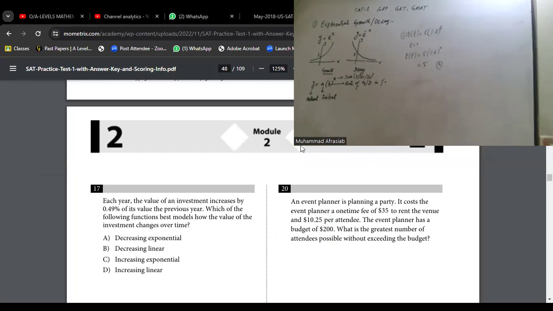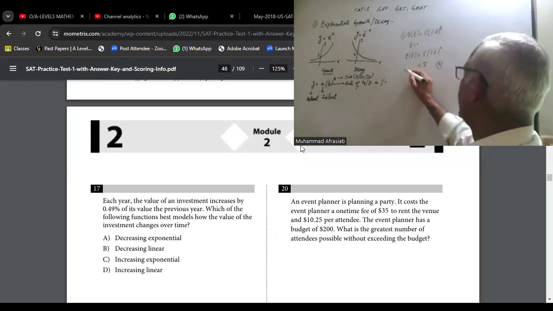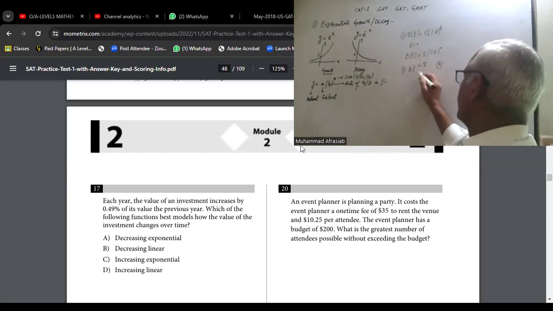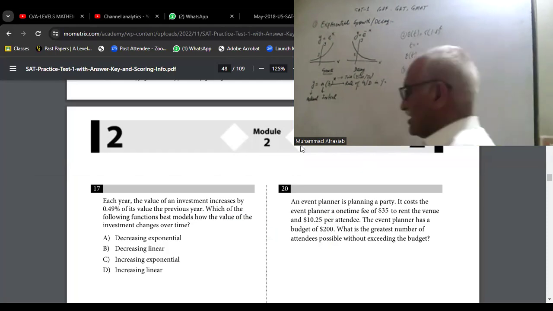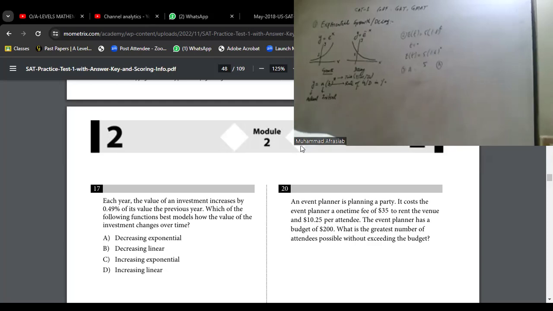Question number 17. Each year, the value of this investment increased by 0.49% of the value of the previous year. Which of the following functions models how the value of this investment changes over time? We know one thing: let's say the actual investment is I, and that is going to be increased by 0.49% every year.